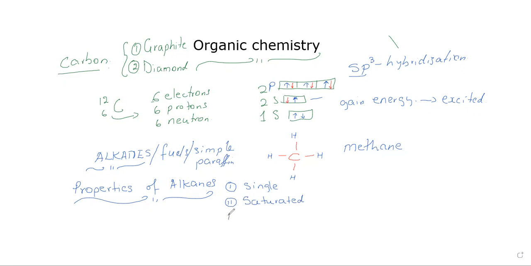Three, it has a general formula CnH2n+2. The fourth one is that it undergoes substitution reactions.